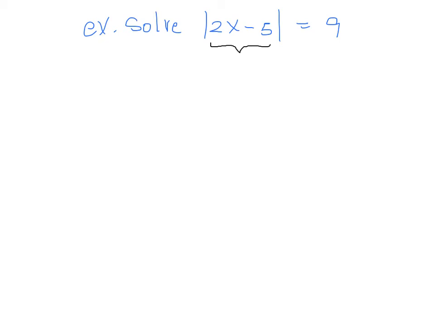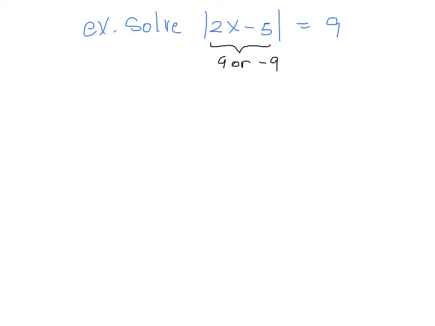Whatever is in there has a distance of 9 from 0, which means it could either be 9 or negative 9. Whatever's inside those absolute value signs could either be positive 9 or negative 9, because both of those things have a distance of 9 from 0.